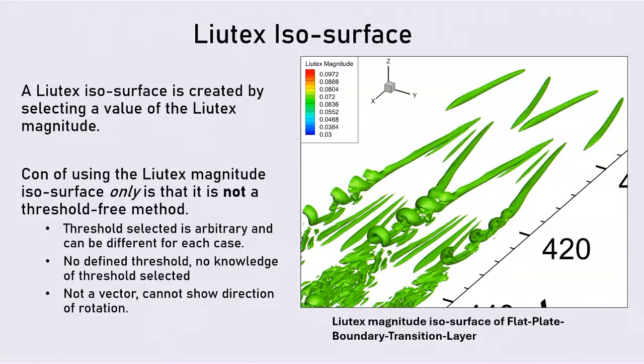So let's take a look at the ISO surface. A Liutex ISO surface is created by selecting a value of the Liutex magnitude. As you can see on the picture, that is an ISO surface representing one scalar value of the Liutex magnitude. A con of using the Liutex magnitude ISO surface only is that it is not a threshold-free method.